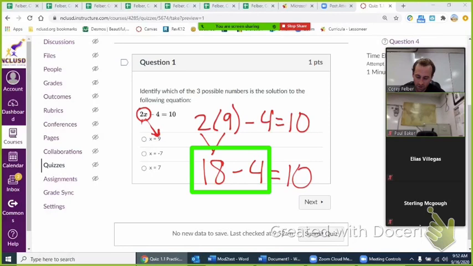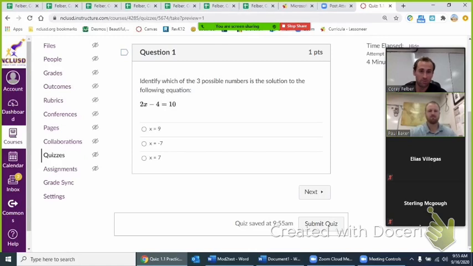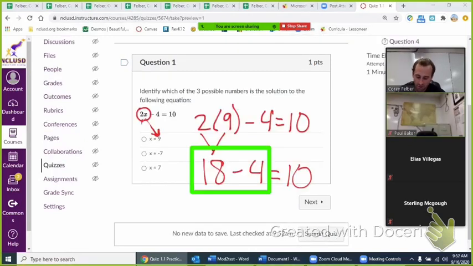Does anybody know what 18 minus 4 is? If not, do it on your calculator right now. Very good, Sage. First one to it. So 18 minus 4 is 14.